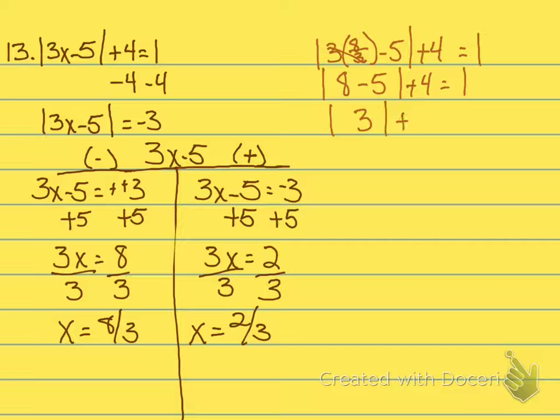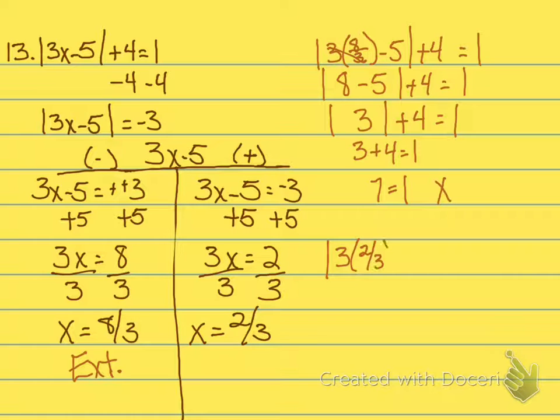So I'm left with the absolute value of 8 minus 5, plus 4 equals 1. 8 minus 5 is 3, so the absolute value of 3 is 3. 3 plus 4 is 7. 7 equals 1 is a false statement, so that is an extraneous solution.